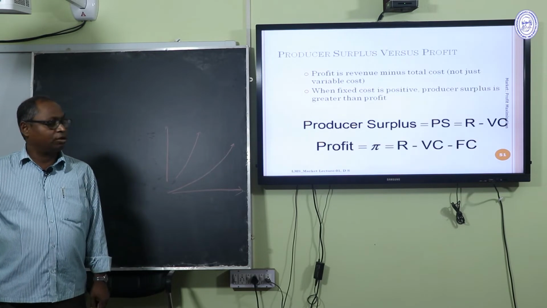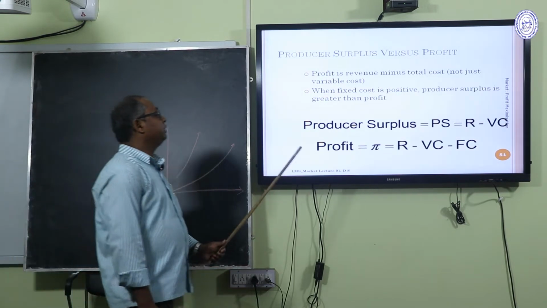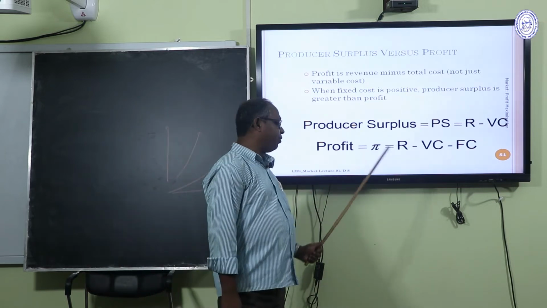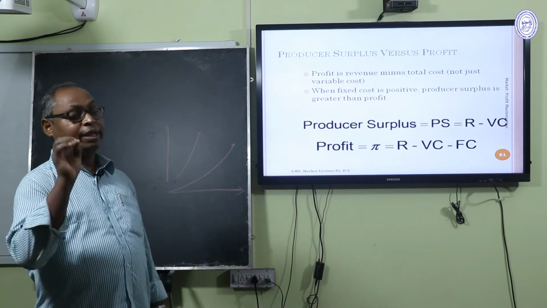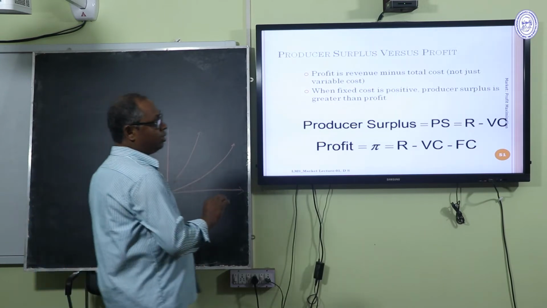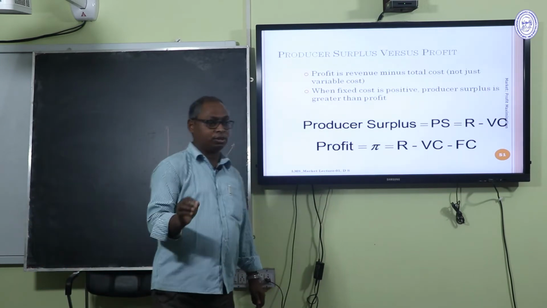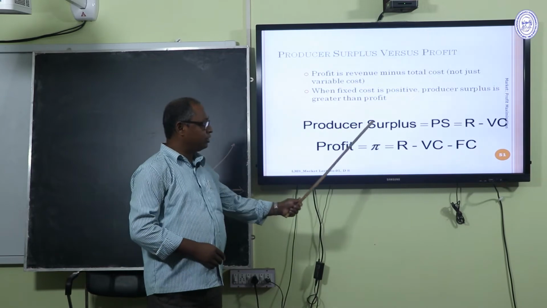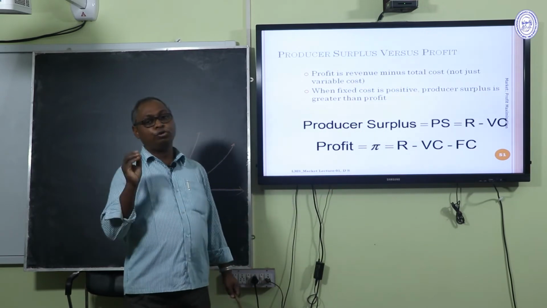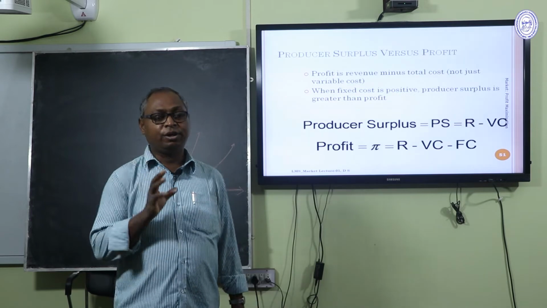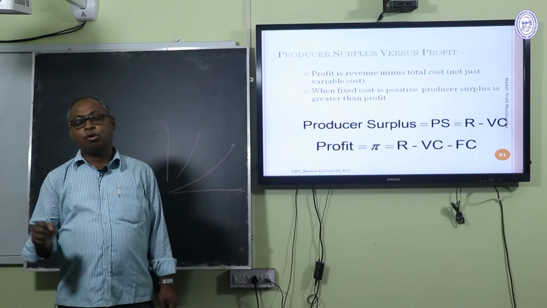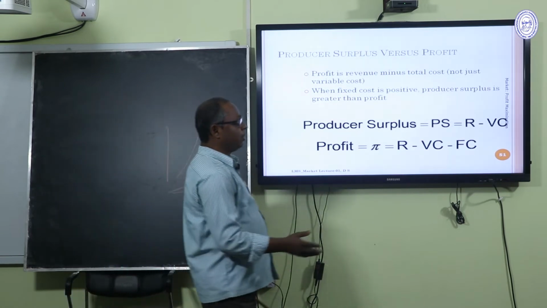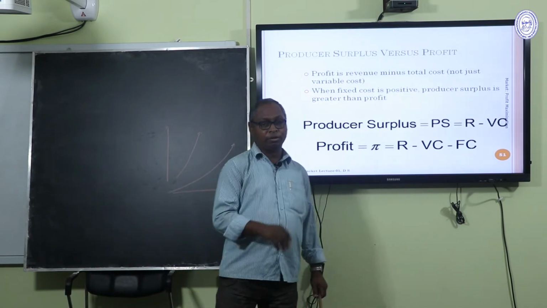Here I should mention one thing more: there is a difference between producer surplus and profit. You should not have any ambiguity between the two. Producer surplus comes only from the difference between total revenue earned from selling and total cost the firm has to incur, and this cost should be only the variable cost.